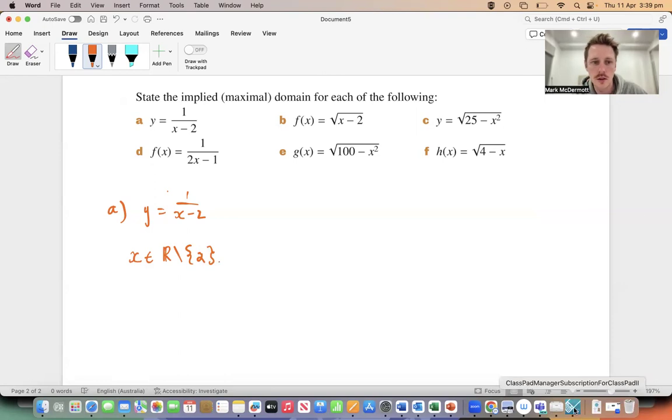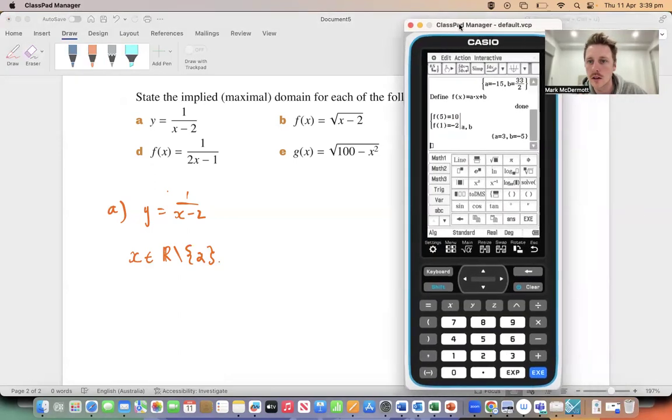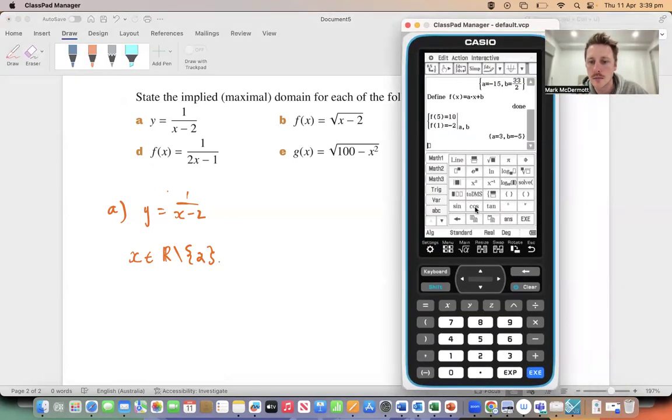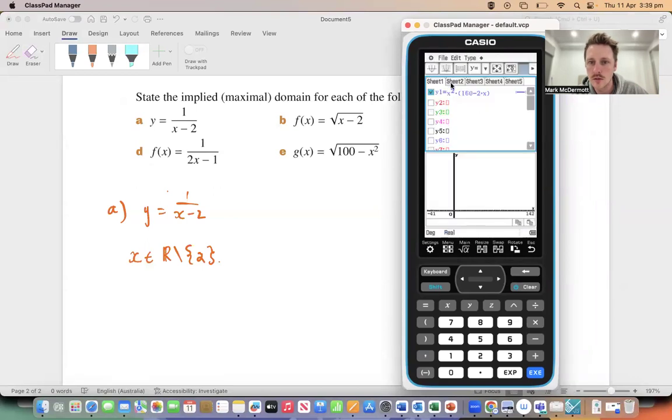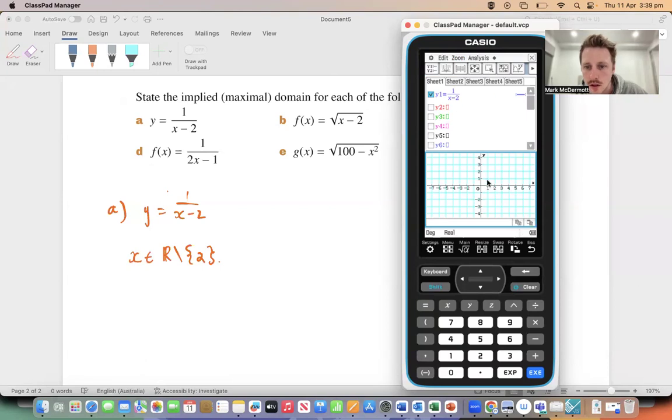Okay, just to show that I'm not making this up, if you go on your calculator and go menu, graph and table, clear all that. All right, 1 on x minus 2, and graph it, and then just make sure your zoom is just on the normal thing.